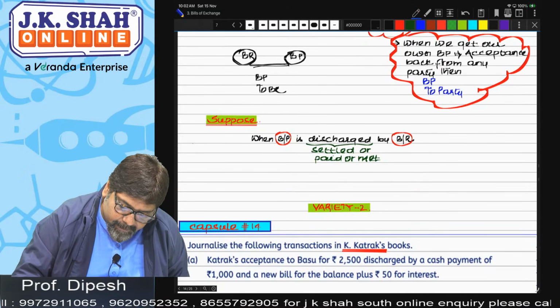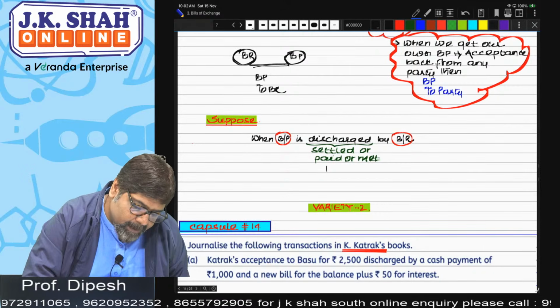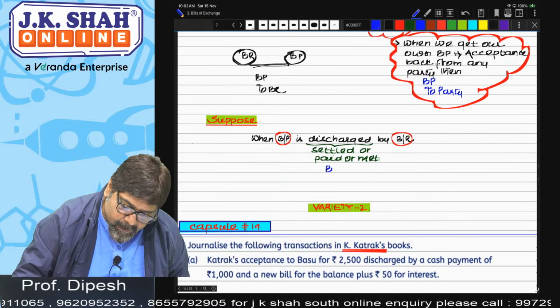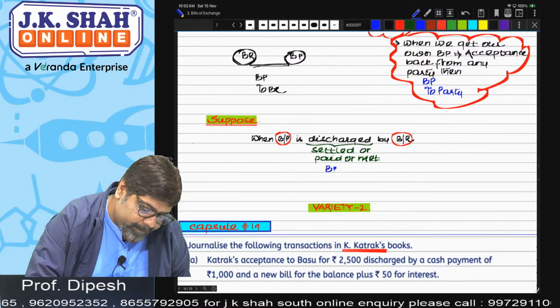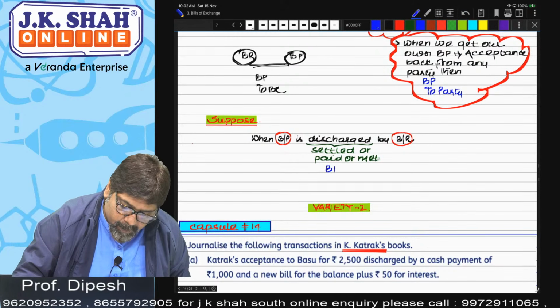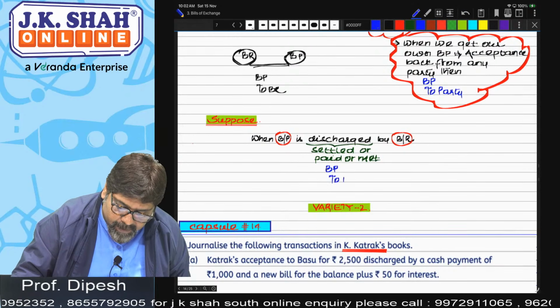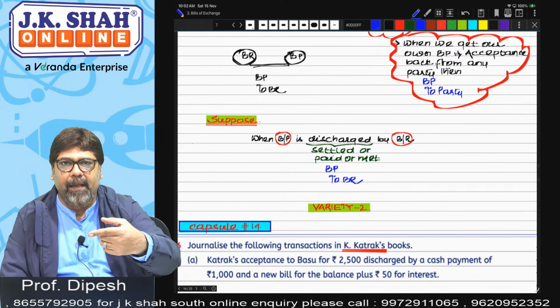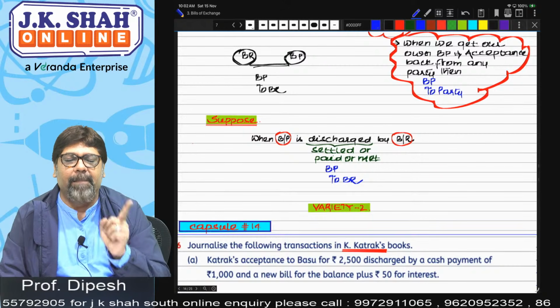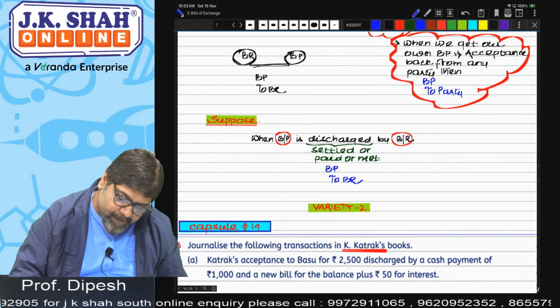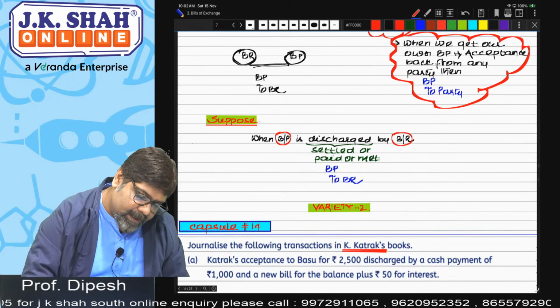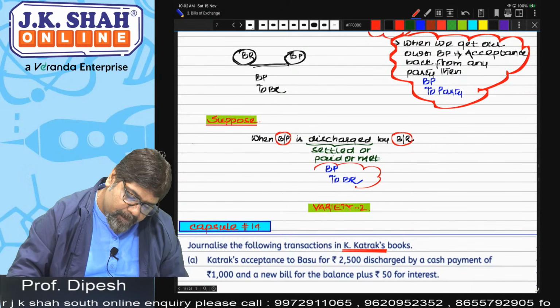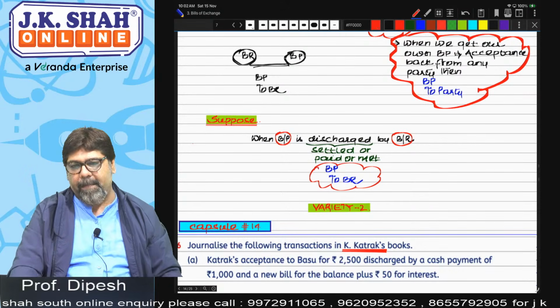Then the entry will become bills payable to bills receivable. That means I am paying off bills payable by bills receivable.